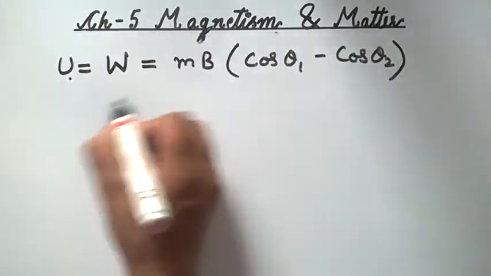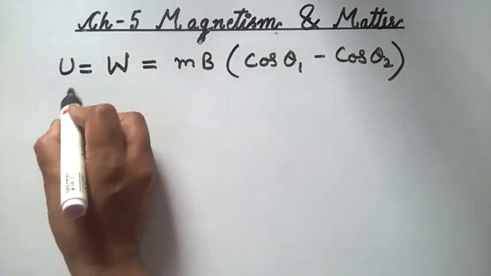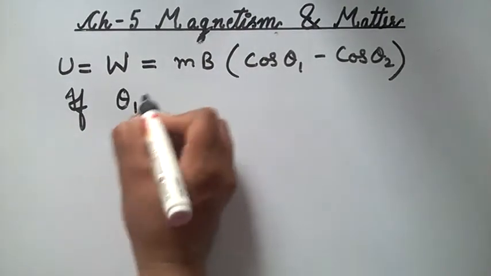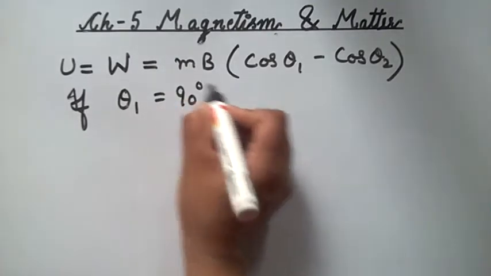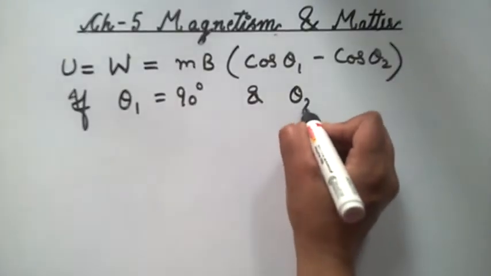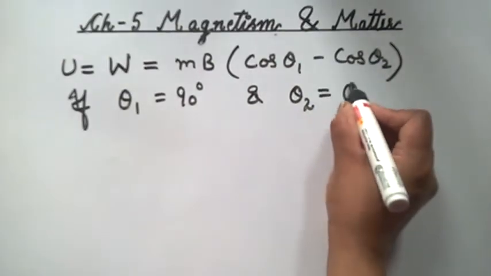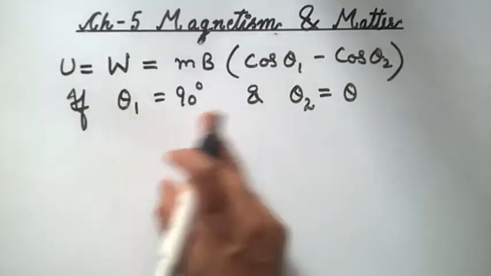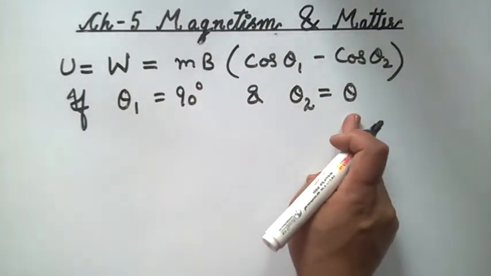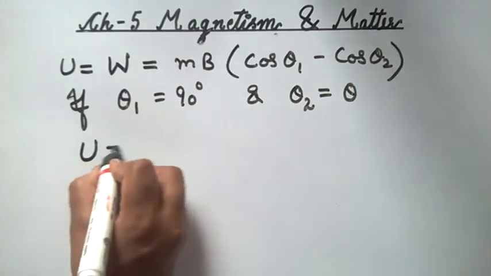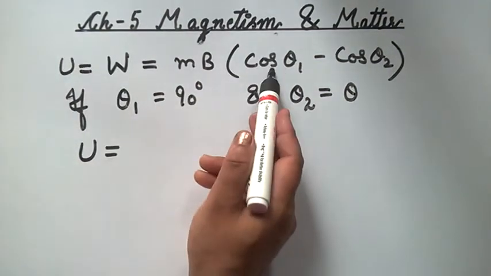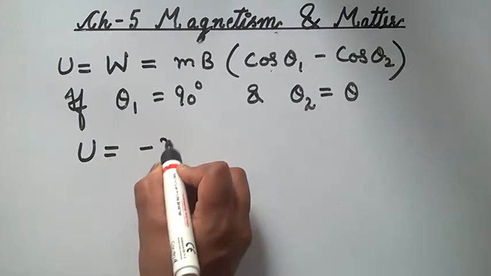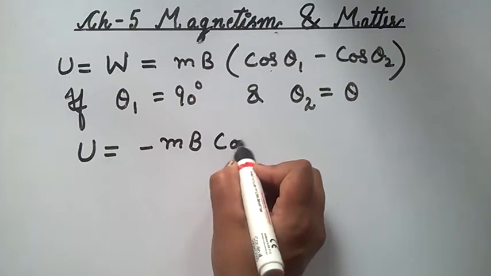If the initial position of a magnetic dipole is 90 degree, that is, theta 1 is 90 degree, and at that time theta 2 is at some position, that is theta, then potential energy is equal to mB into cos 90, which is 0, minus cos theta, that is equal to minus mB cos theta.